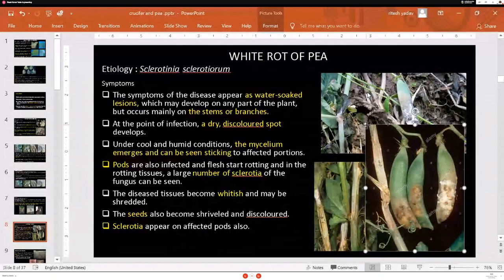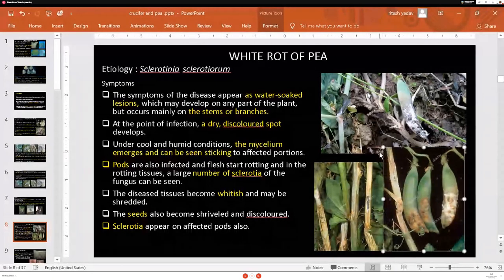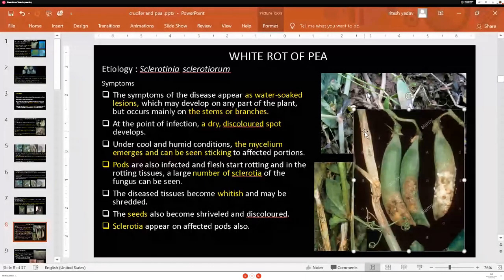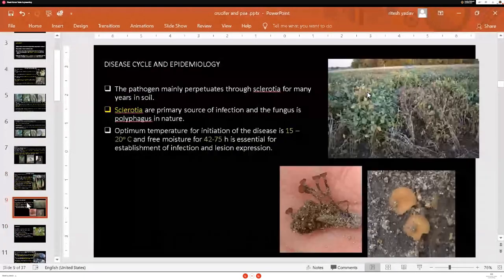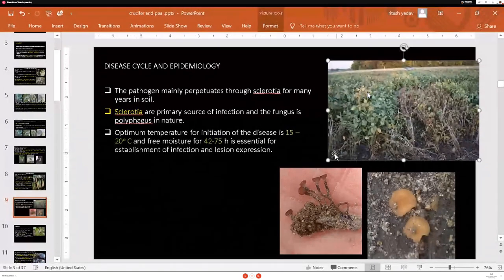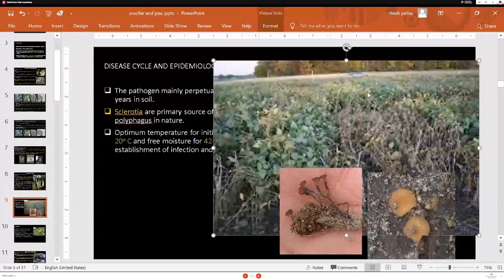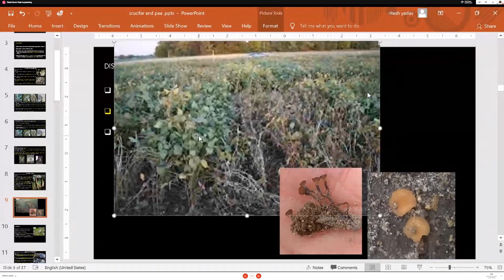With disease progression, black, hard, round to elongated sclerotia may be seen. As a result, the seed weight is very low and the seeds become discolored. Everything is the same. This is when the fields are very severely infected.